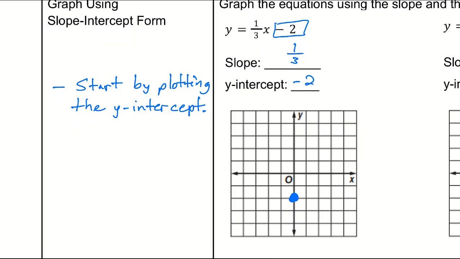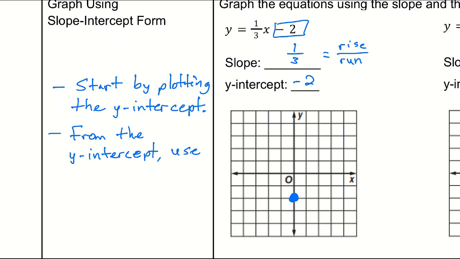Now you remember slope. Slope is rise over run, right? So what we'll do is from our y-intercept, we are going to use the slope as rise over run.